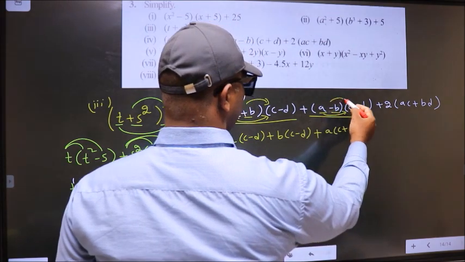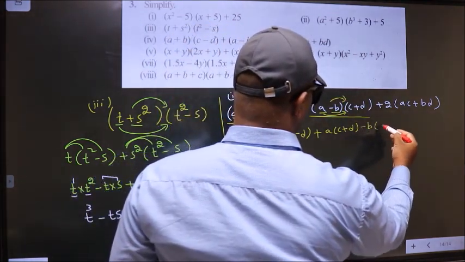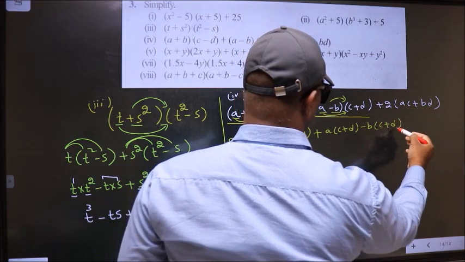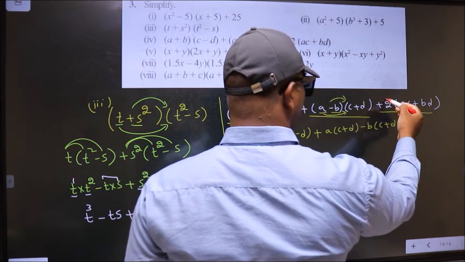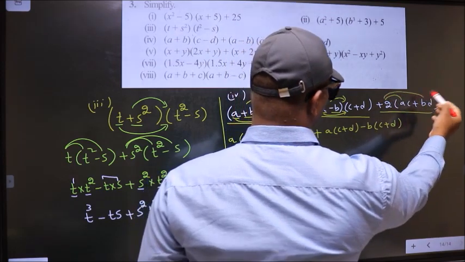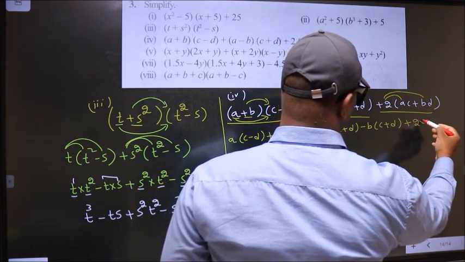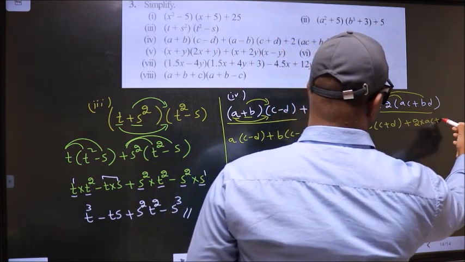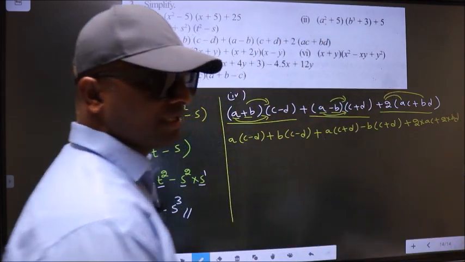Now with minus b we should multiply this bracket, that is minus b into c plus d, and this here you multiply with 2, directly open the brackets, that is 2 into ac plus 2 into bd. Okay, next.